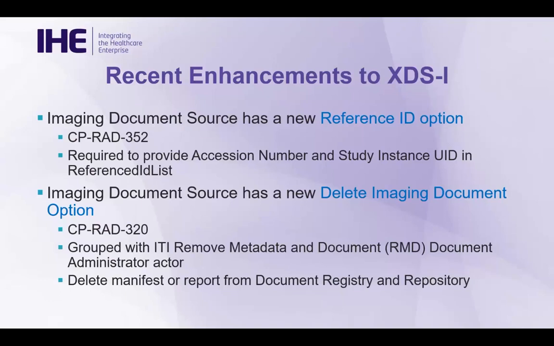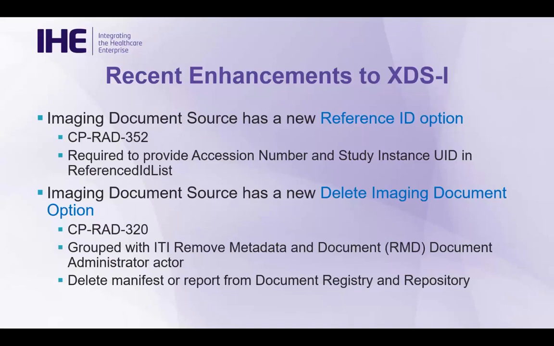Of the two CPs that we recently updated, one is that we introduced a new reference ID option. For those of you familiar with XDS-I and especially the metadata structure, currently we support a session number in the event code list. We have now also added support for study instance UID in the reference ID list, not in the event code list.